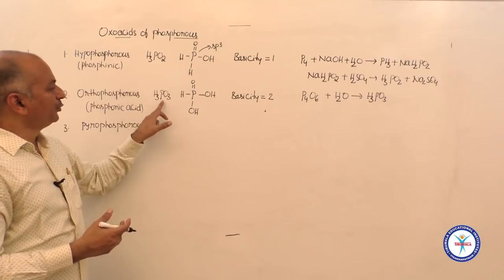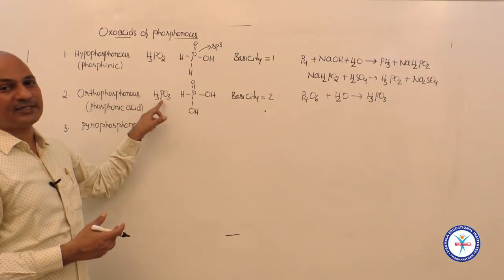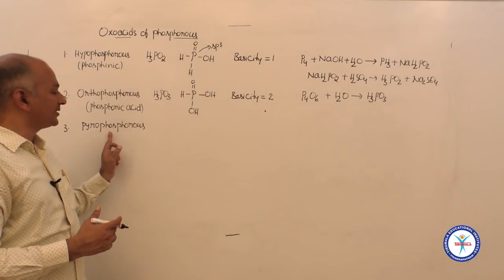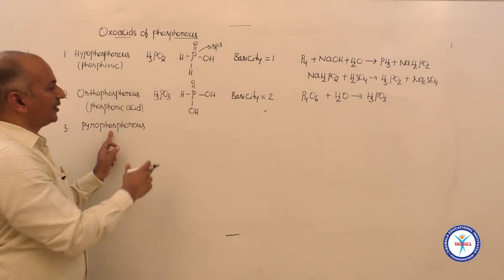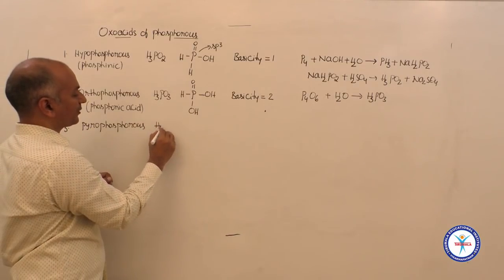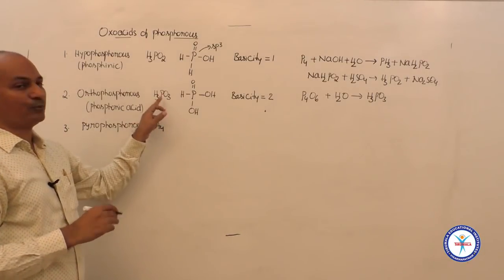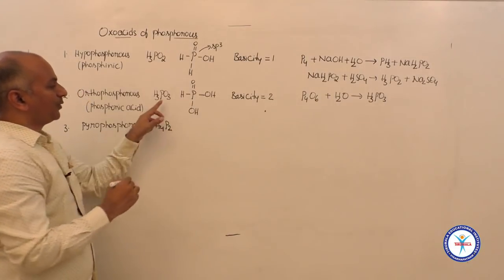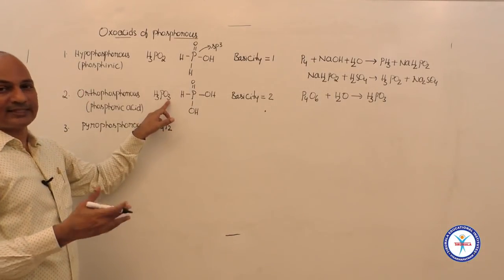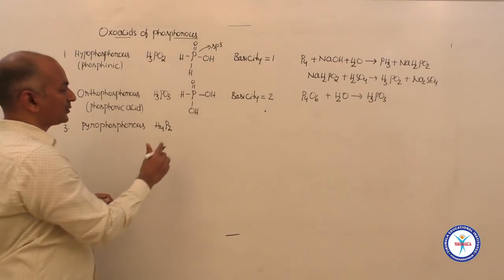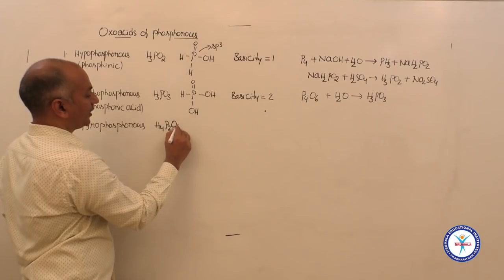So now here, you take 2 molecules of this acid, remove water, and the resultant compound is pyrophosphorus acid. So 2 molecules, H6 minus 2, H4, P2 remains as P2, O3, O6, if you take 2 molecules and remove 1 oxygen, because we remove 1 water, so O5.